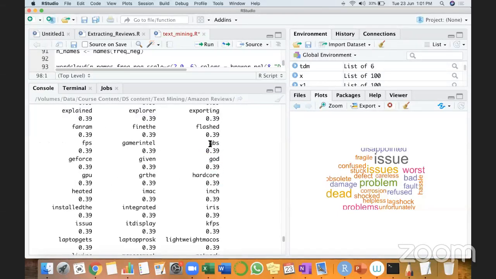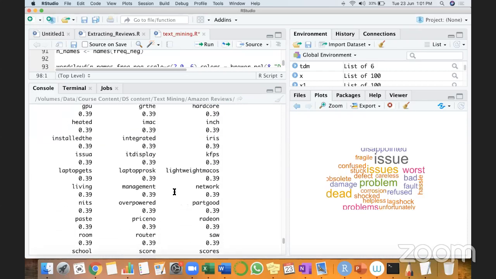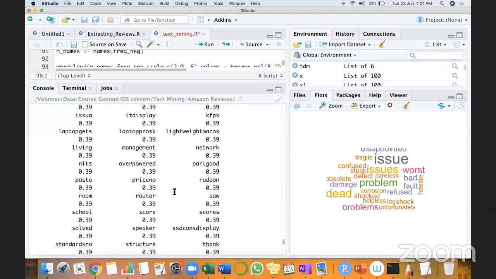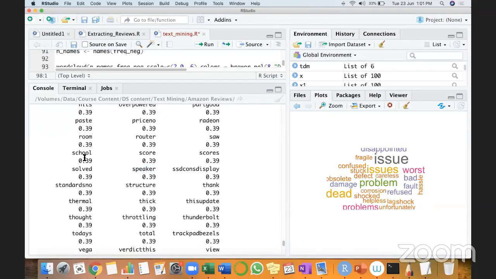Hard disk GBs, some kind of problems they use in conjunction with this issue, speaker issue. Okay, solved, some issue has been solved.